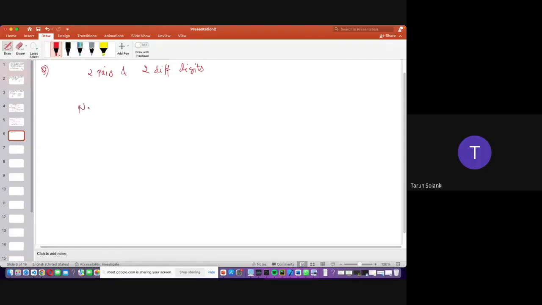So the number of selections will be 4C2 into 2C2, and for each selection the number of arrangements will be 6 factorial by 2 factorial into 2 factorial.